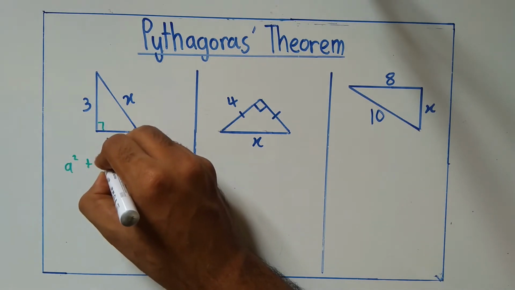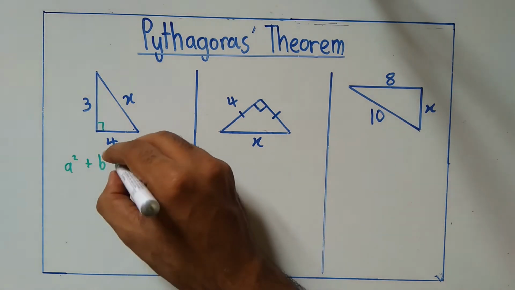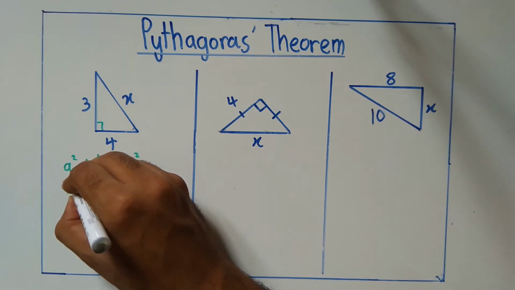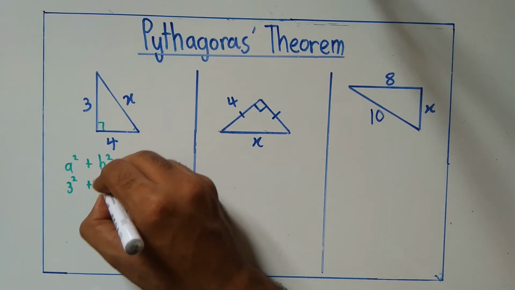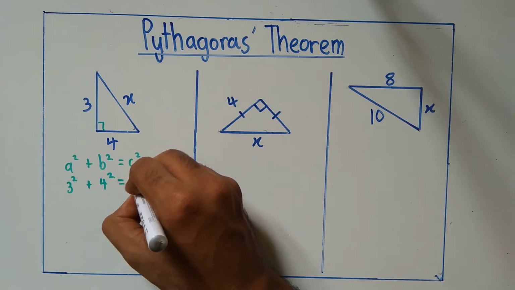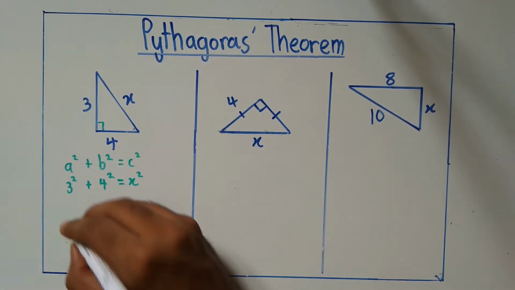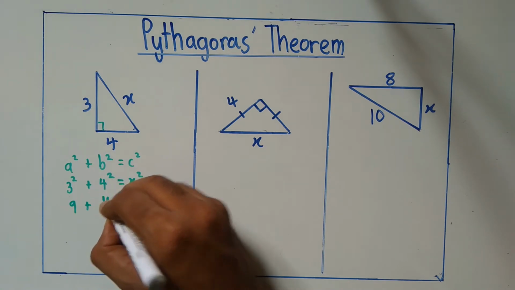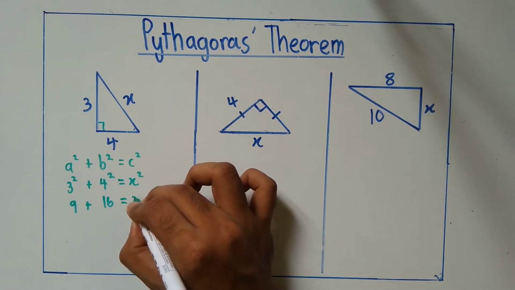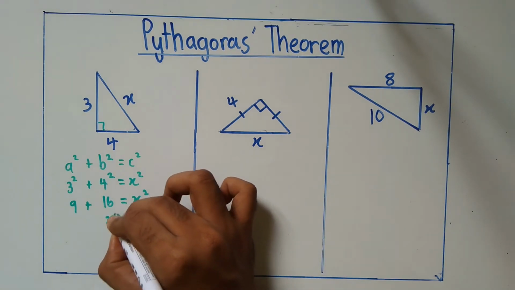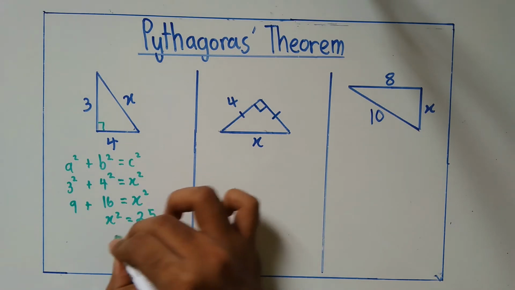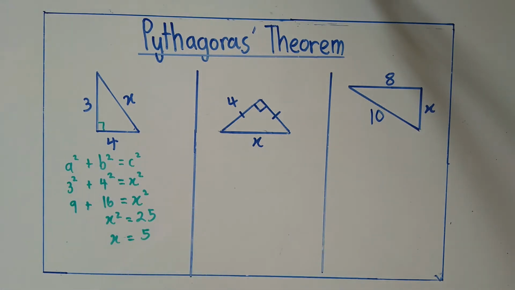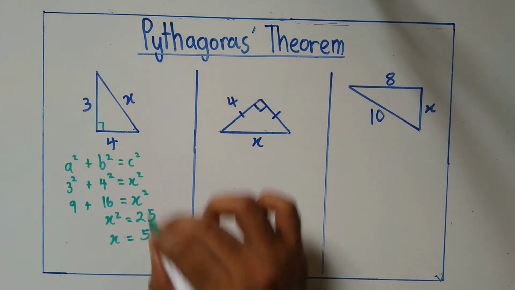We write down the Pythagoras theorem and substitute the values accordingly. So x equals 5.